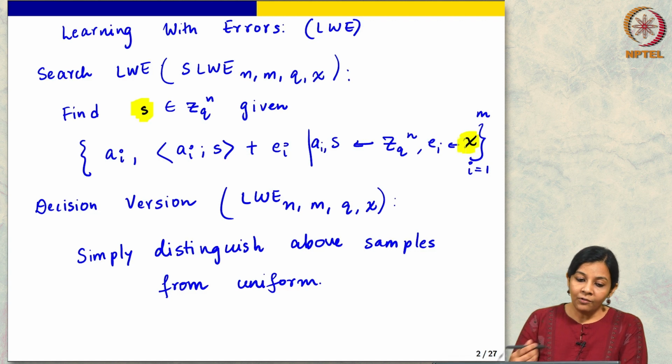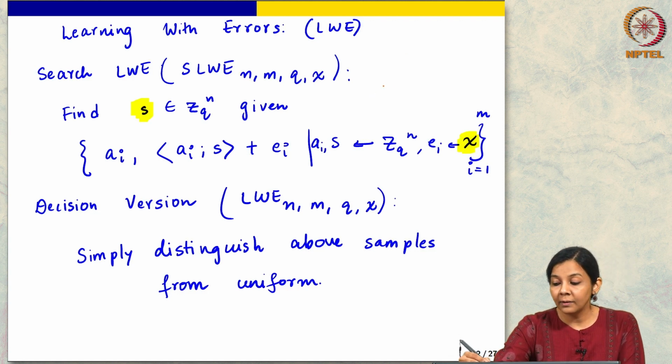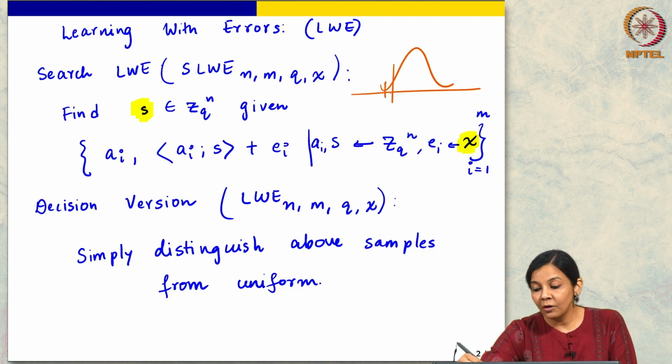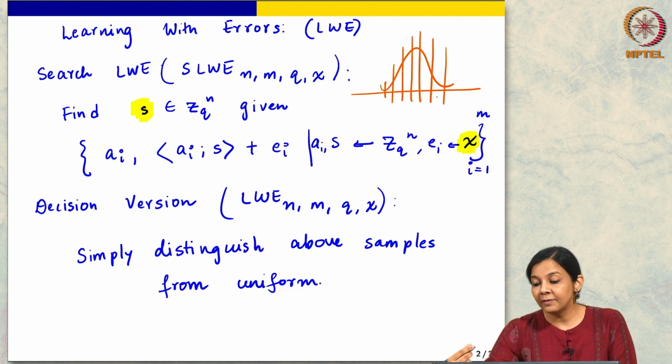So, everybody knows what a Gaussian looks like, right. It is something like this, and now I am sort of discretizing it. So, basically it will be something like this.